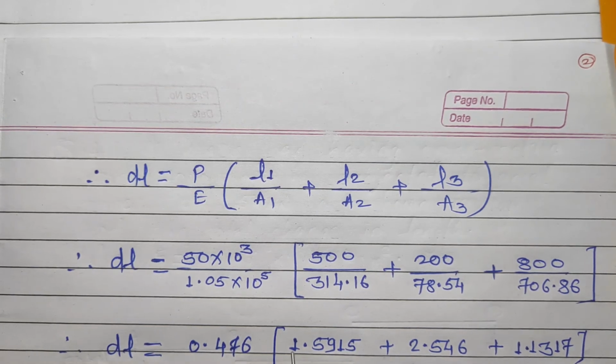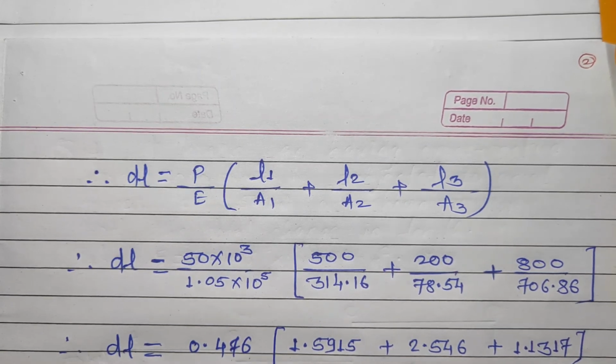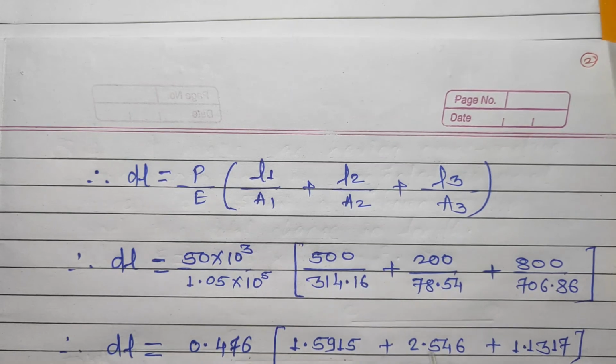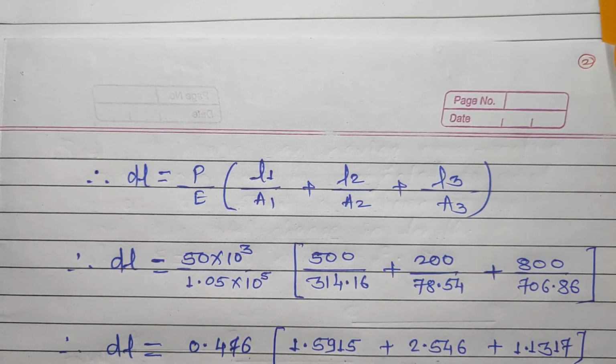So you can calculate the values in the bracket, as well as divide P by E, that is 50 into 10 raised to 3 divided by 1.05 into 10 raised to 5. The expression will have the value 0.476 plus 1.5915 plus 2.546 plus 1.1317.